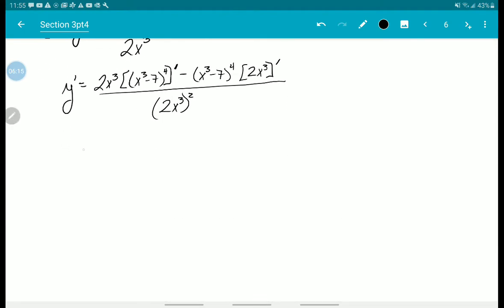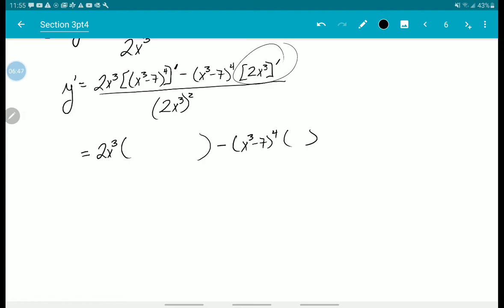So let's go through, simplify, do what we can, and then we'll do the chain rule off to the side. When you're working these types of problems, it's important to keep order to what you're doing so you know what's what in the problem. So we don't know the derivative of this piece yet, so I'm just going to leave it as parentheses. So 2x cubed times stuff minus (x cubed minus 7) to the fourth.